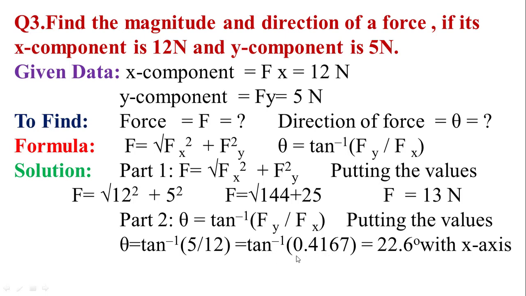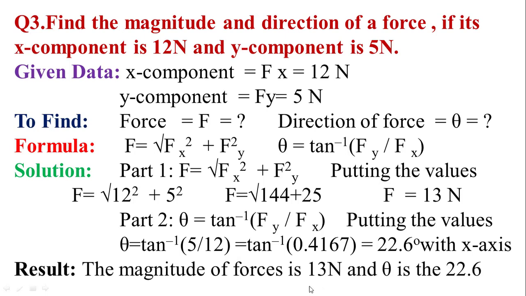Taking the tan inverse of 0.4167, the final answer theta is equal to 22.6 degree along the x-axis. So the resultant magnitude of force is 13 Newton and theta is 22.6 degree.